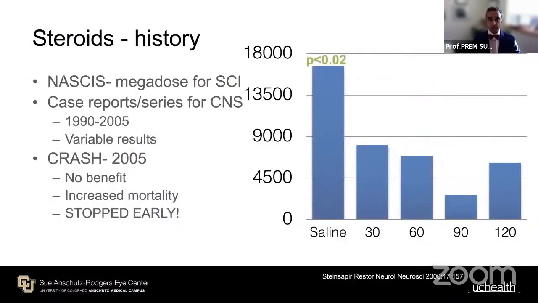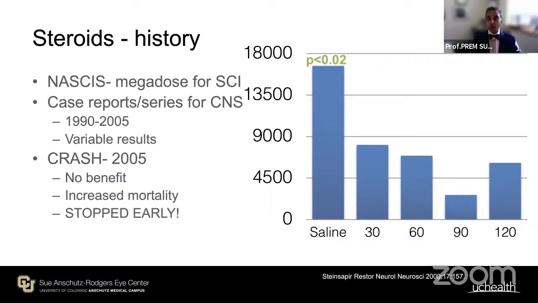Now, before I go on to that, there are two different kinds of steroid treatments that are used. One is the ONTT type of steroids, 1 gram intravenously given daily for 3 to 5 days. That one was given in the traumatic optic neuropathy study that I showed you.